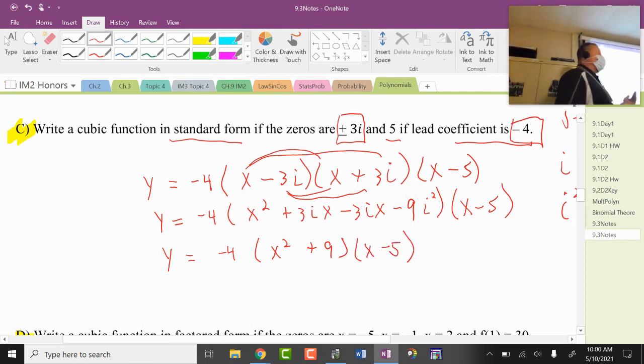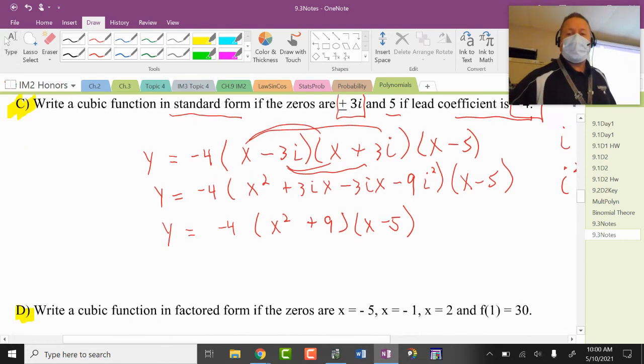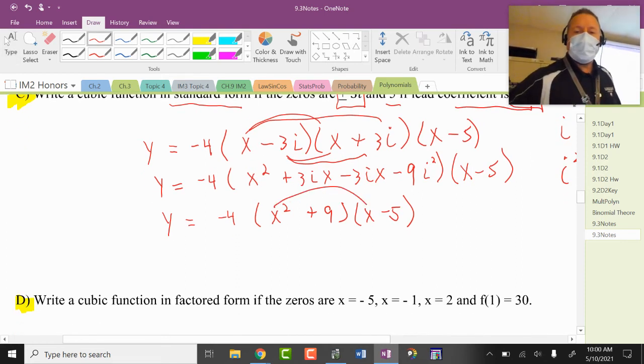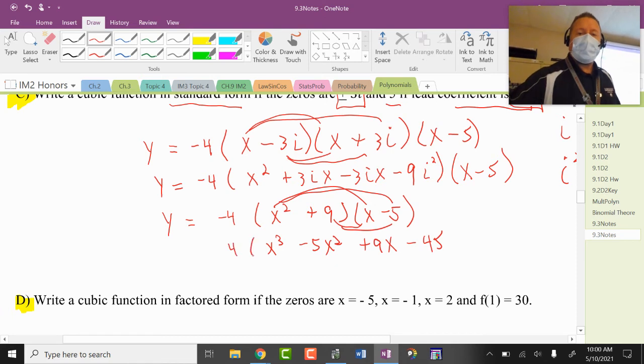So standard form, we do have to multiply out, so read your directions and make sure you follow that. And then this is actually not that bad. x cubed minus 5x squared plus 9x minus 45. And then you go ahead and distribute the -4.